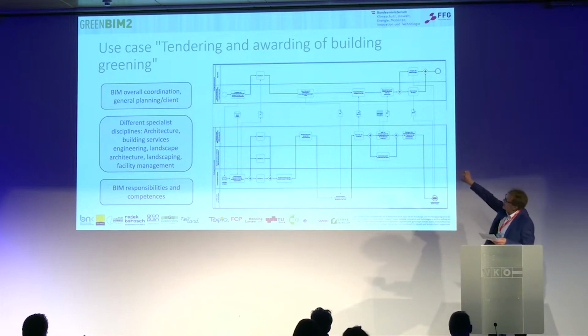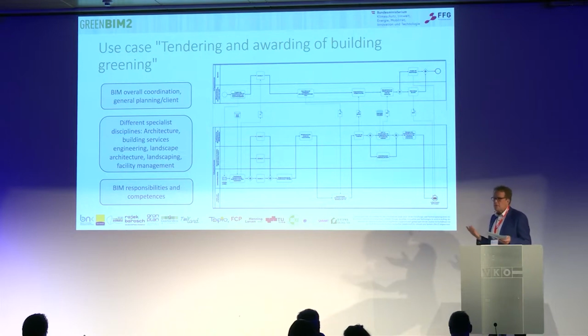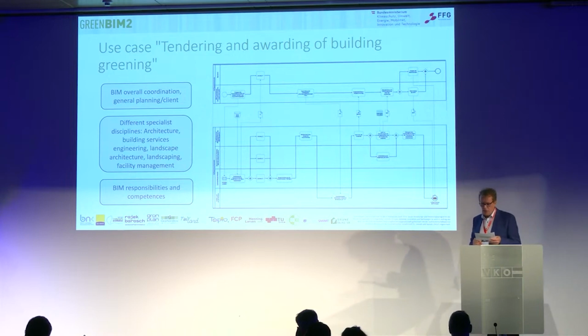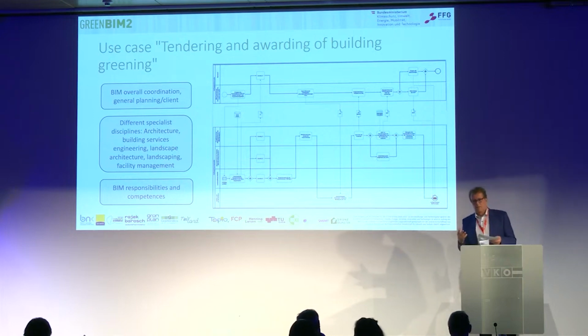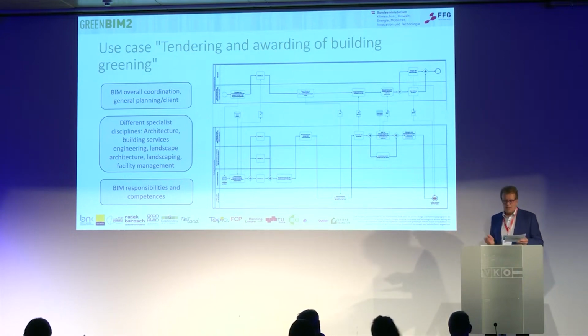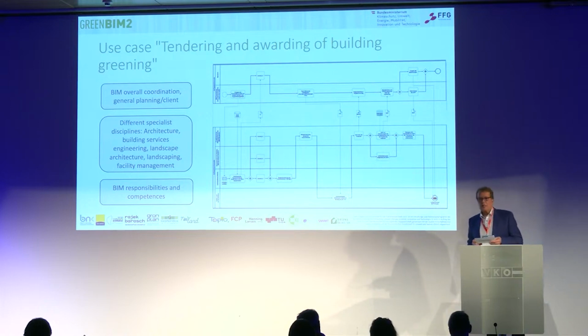And in the middle, there is the planning and the planning disciplines, landscape architecture, static, and so on. And above, there is the facility management and, last but not least, the execution and the greenkeeping also.